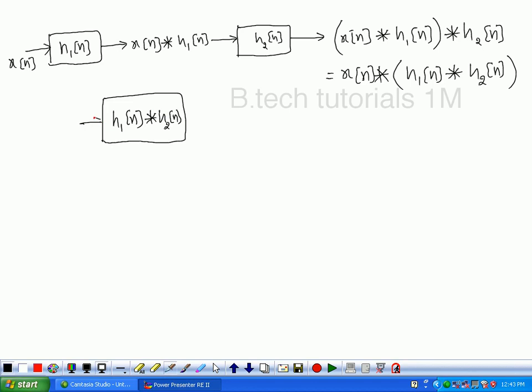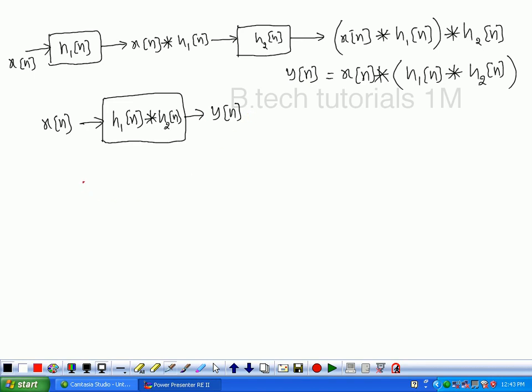Okay. If the input is x of n, now what will be the y of n? This y of n is equivalent to x of n convolution with h1 of n convolution with h2 of n. Follow?